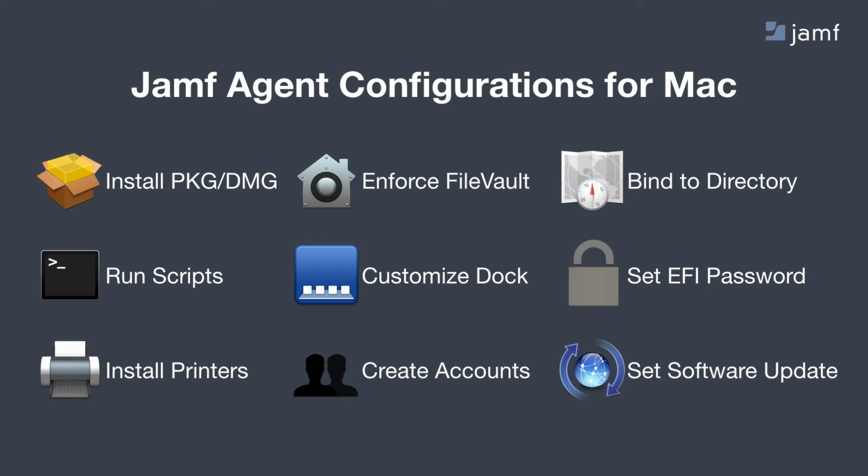So notice these go beyond just those configurations that we saw in the previous slide. You can install PKG files, DMG files. You can enforce FileVault and actually take those encryption keys and then store them back into the Jamf server. So if you ever need to decrypt a Mac, they're all in one central location. You can bind your Macs to your directory service if you use that.